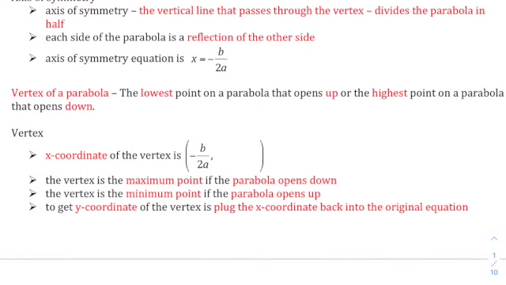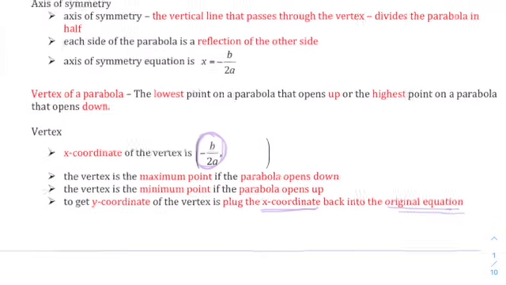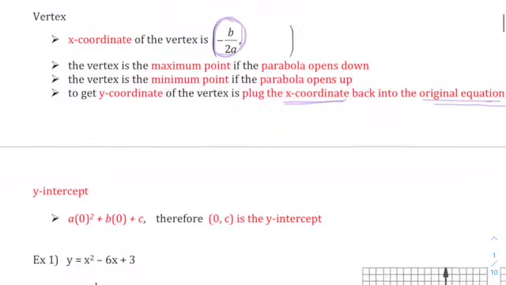To get the y coordinate of the vertex, plug in the x coordinate. Whatever number you get, plug it back into the original equation they give you. We're definitely going to practice all this in a couple minutes.